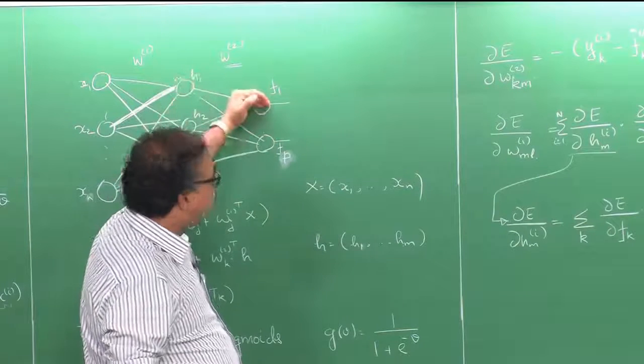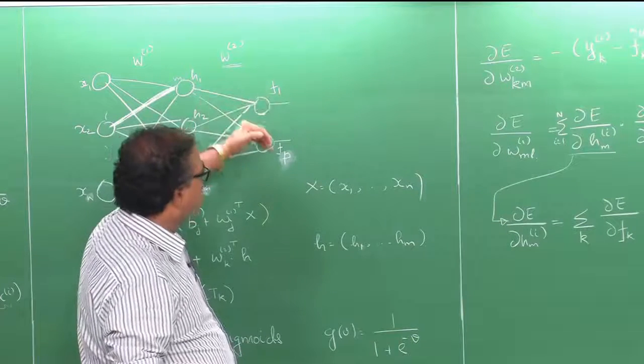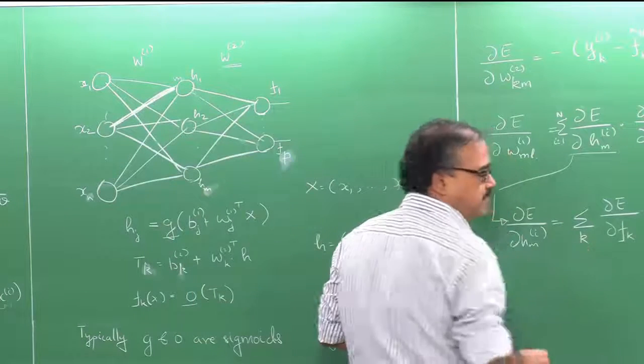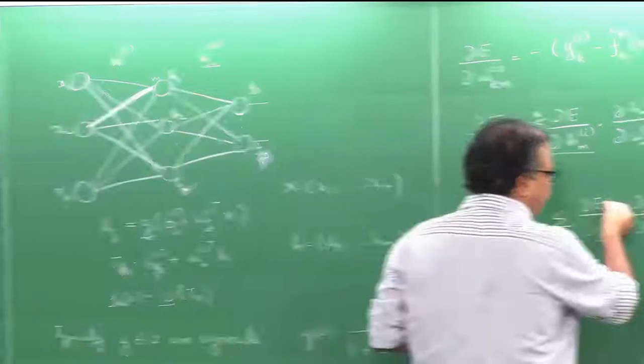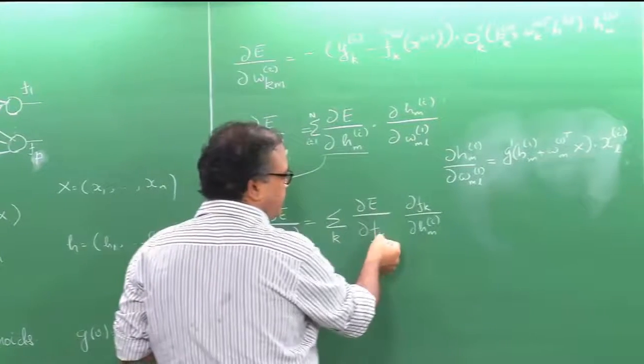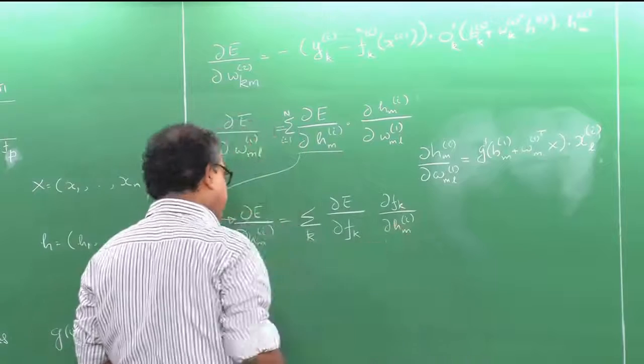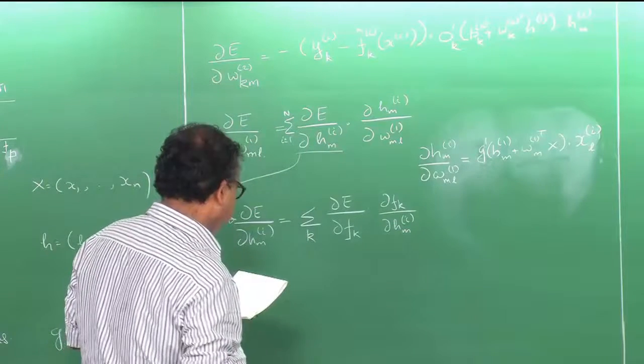It can influence the error through this output or through this output. So, we are essentially summing over all possible outputs k of the gradient of the error with respect to f_k and the gradient of f_k with respect to the output of the hidden neuron.